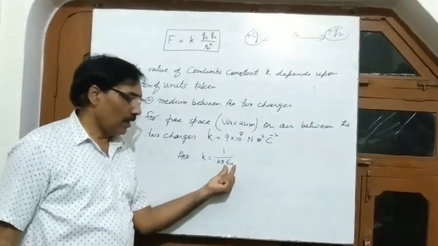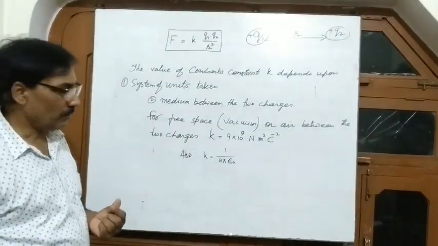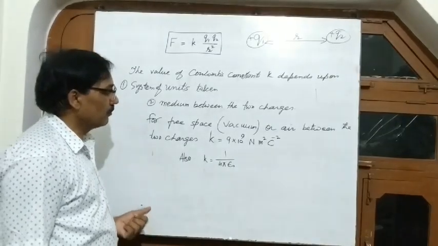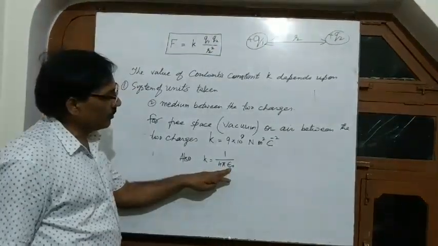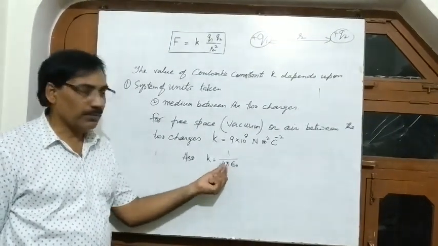Here epsilon naught is permittivity of the free space, and if you are taking a medium, then in place of epsilon naught we will take epsilon m, that is permittivity of the medium.